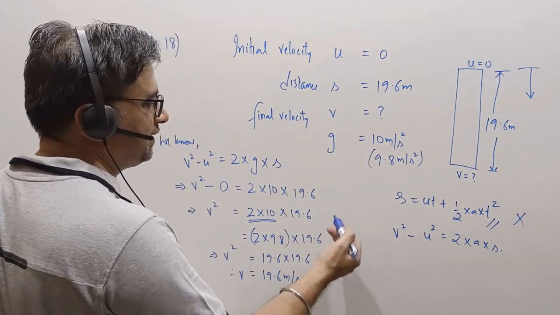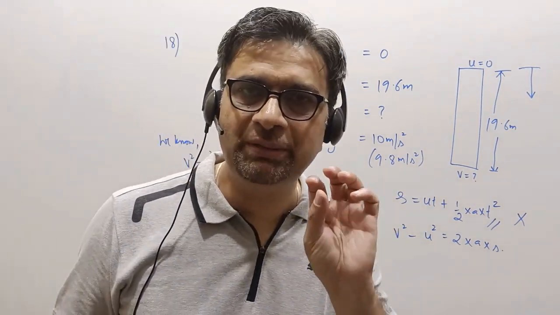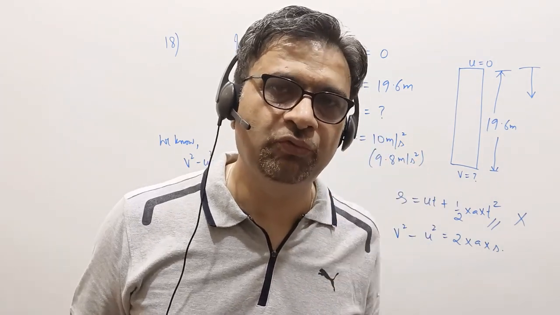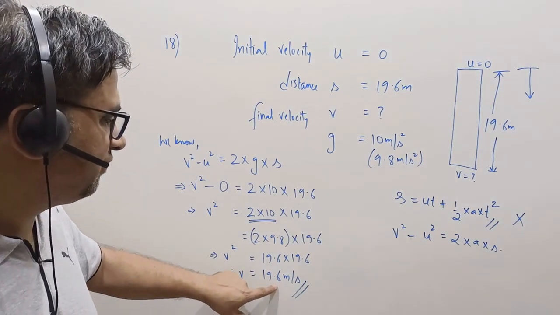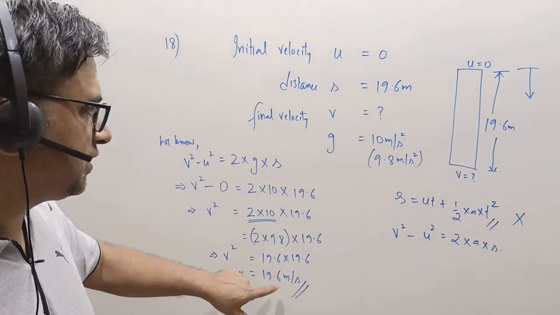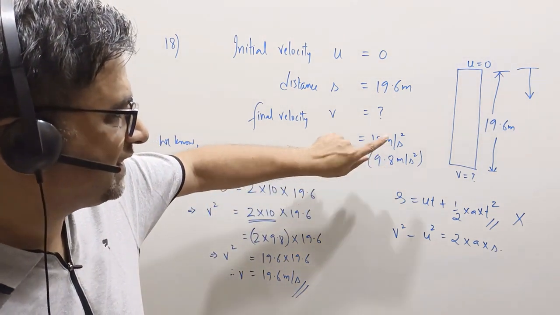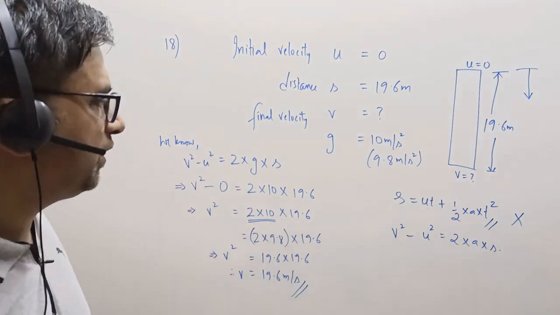You would have to put in some more effort to find the square root of v. That will be some effort, yes, but you should know how to find a square root. It will be approximately this velocity, but just make sure that you don't substitute g is equal to 9.8 if it's explicitly given that the value should be 10. In this case, we would have had to find the square root.